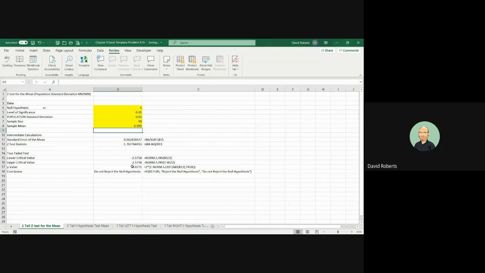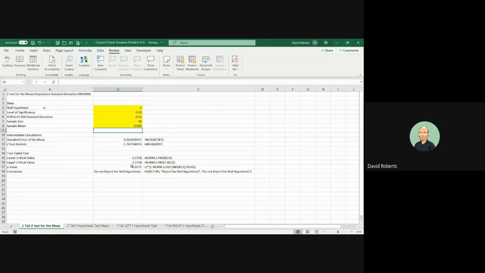So in the calculations that are all done for you because of the spreadsheet, what you need to be able to read is, it shows you the lower and upper critical values, which are the old way of doing the hypothesis test before we started using more technology, because calculating p-values directly was difficult.